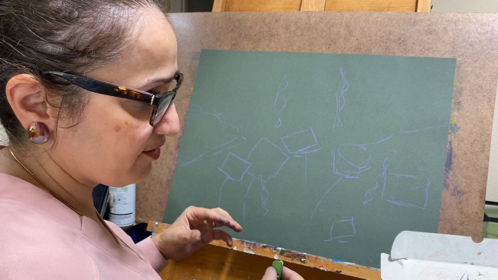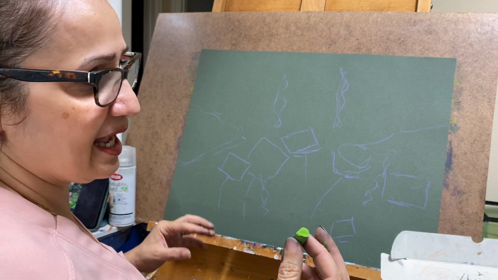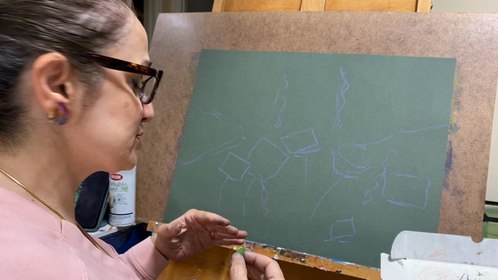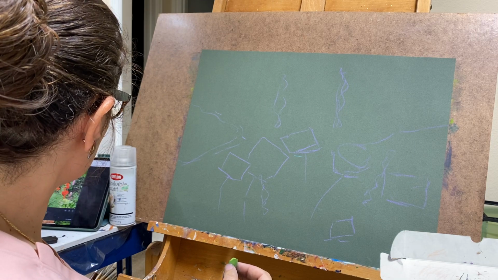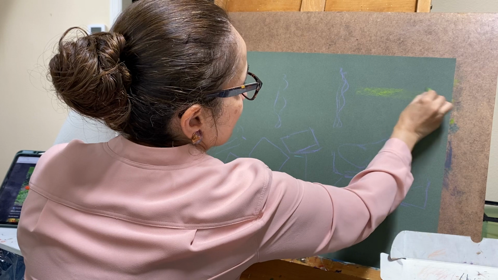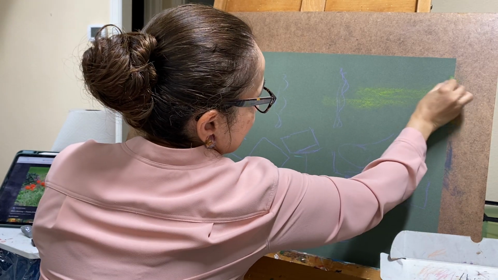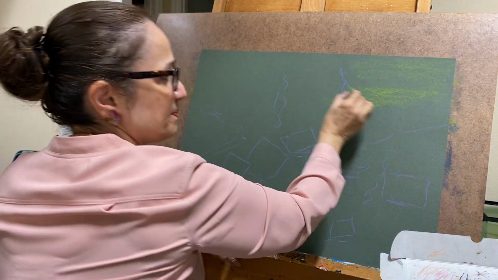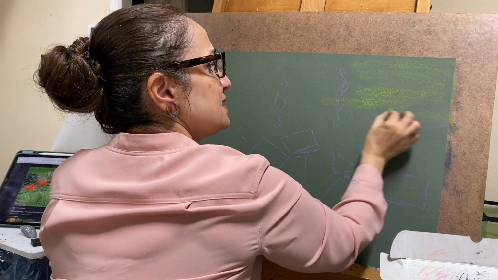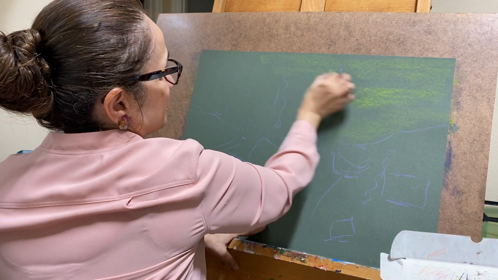You don't use a very bright green. The greens we are using have to be more muted colors, because the lighter and brighter colors have to be in the foreground. I'm using this, and it's pretty bright for that part, but because my paper is a darker green, it's going to work very well for me.